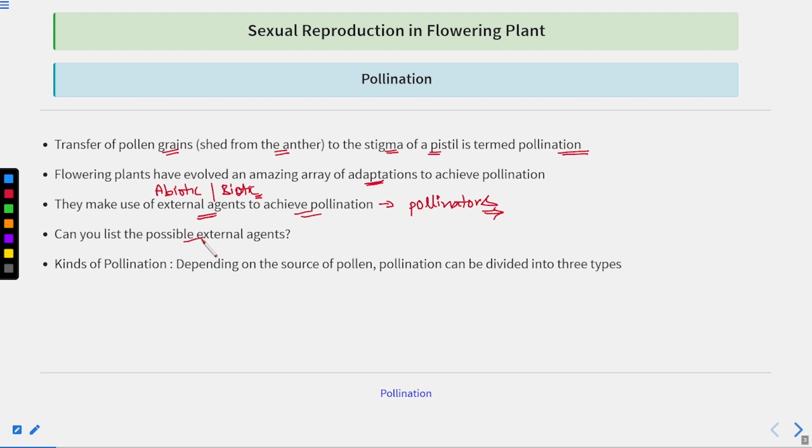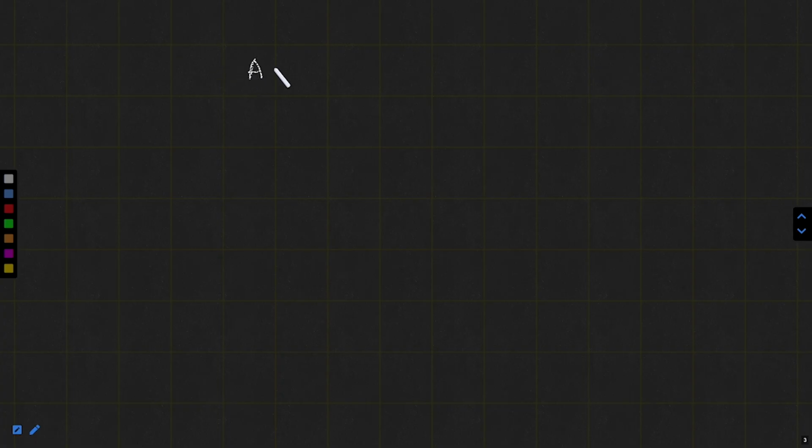Now, can you list these possible external agents? If we talk about the abiotic pollinators, first is water.